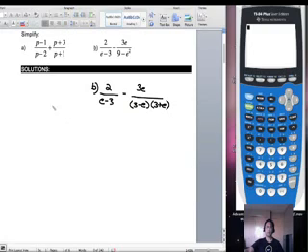Now in order to make the LCD as simple as possible, I'm going to do the negative flip trick here, which makes this a negative and that a positive. So this is e minus 3, that's e minus 3, and that's e plus 3. So it makes the operation a lot simpler when the LCD is simpler. In our next step, a negative times a negative is going to give you a positive.